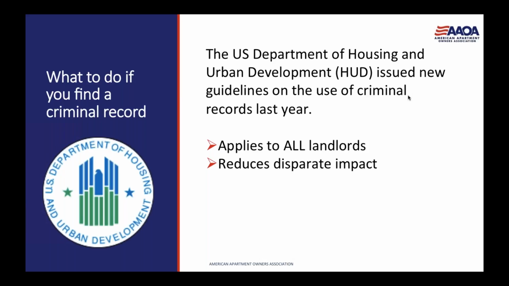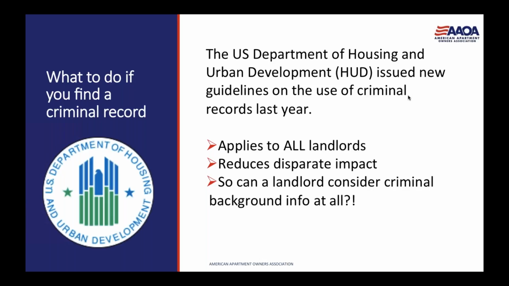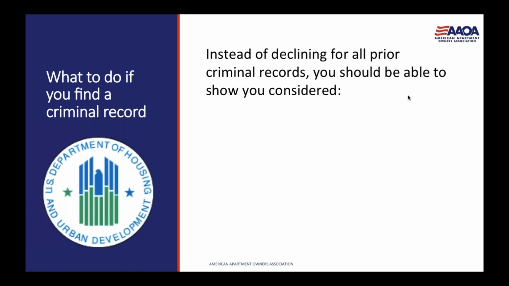So the question, and people were freaking out about this last year, is can a landlord consider criminal background information at all? Can I even use this and not have a lawsuit against me? And the answer is, well, yes, you can. But instead of declining for all prior criminal records in a blanket policy, you should show that you have evidence that you've considered specific things when making your decision.